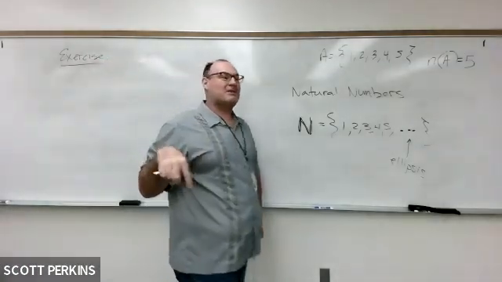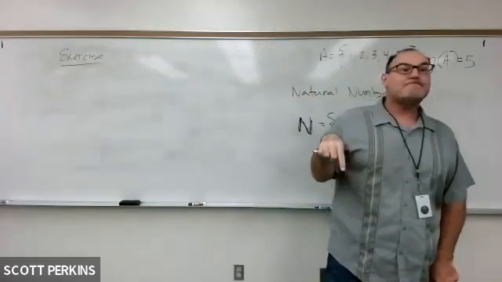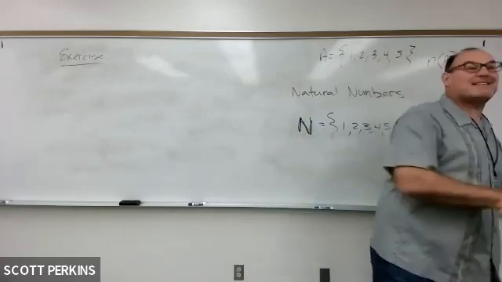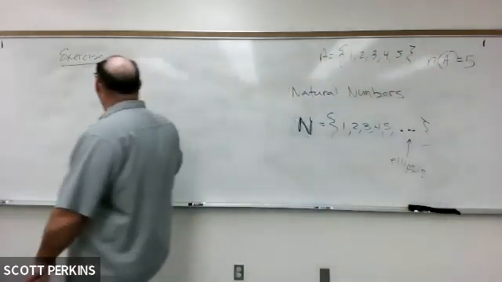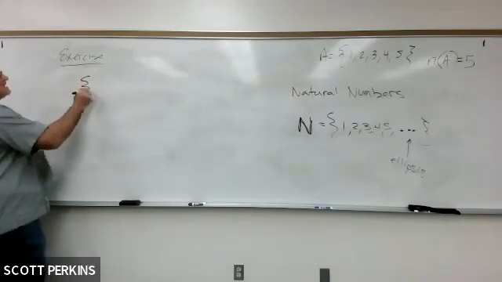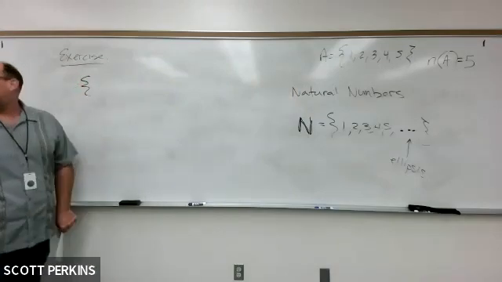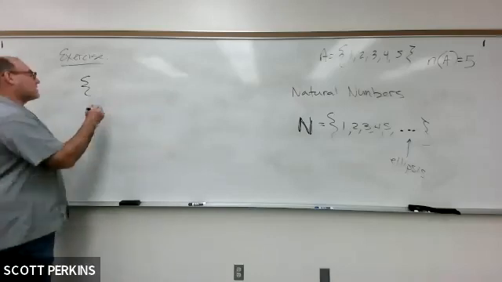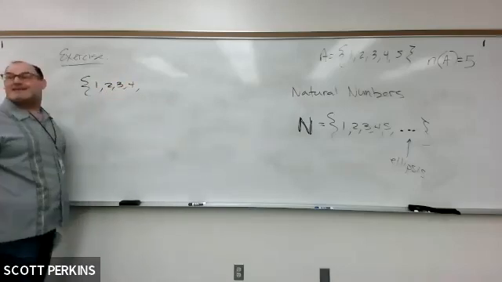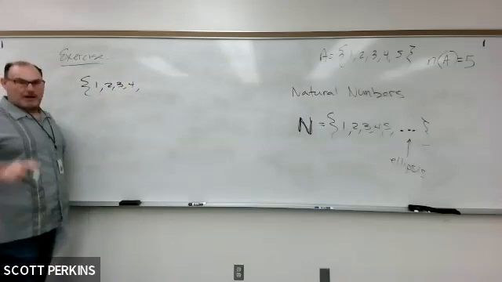So remind me, what does it mean to write a set in roster form? You list it out. Yes, exactly. And so we're writing the natural numbers that are less than 10 in roster form. So where's my set going to start? At 1, because that's where the natural numbers start. And what does it mean to be less than 10? Up to 9, right?